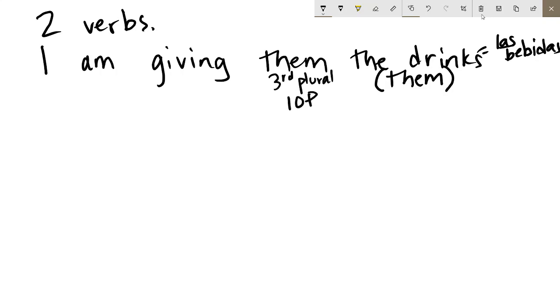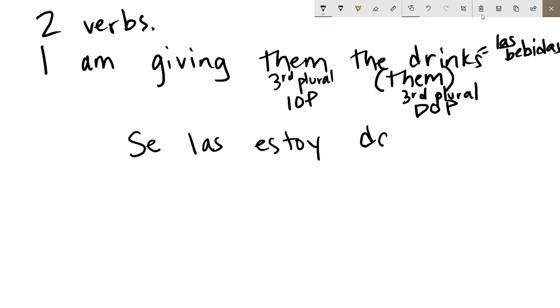indirect object pronoun. So again, remember something special that happens when you have two third person object pronouns together. It would be se las estoy dando, which we don't really say too much in Spanish, but you can.